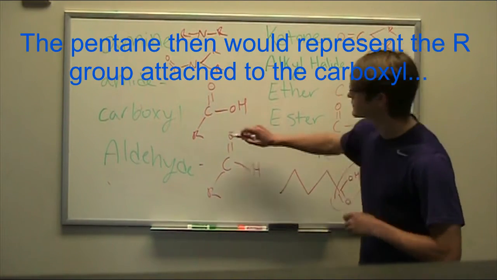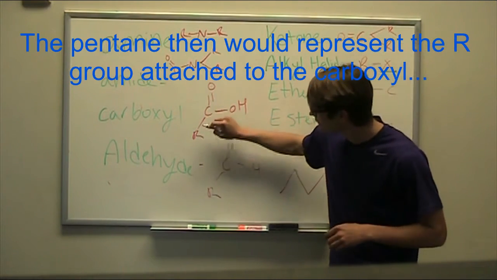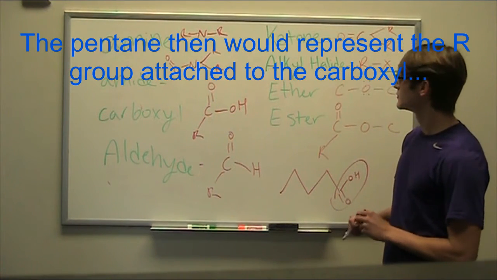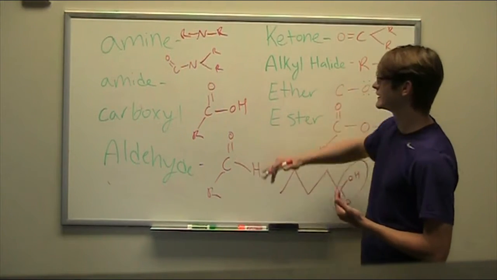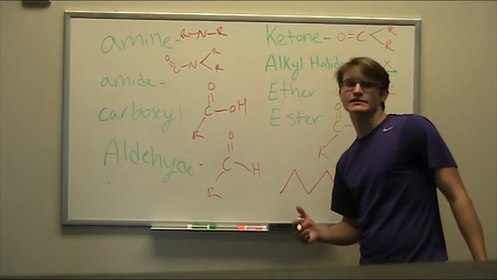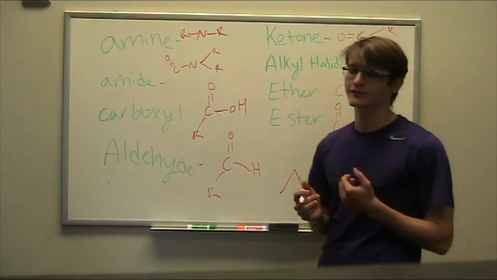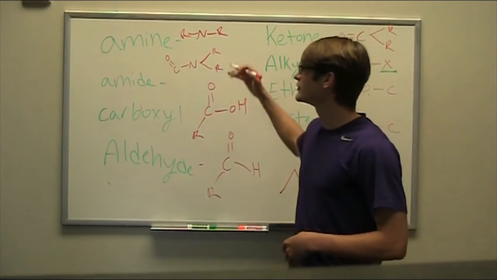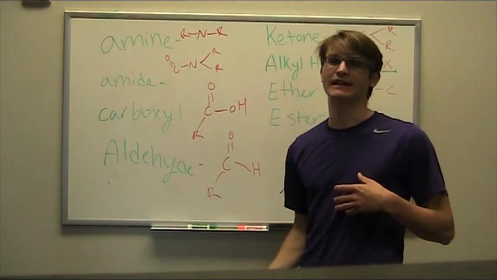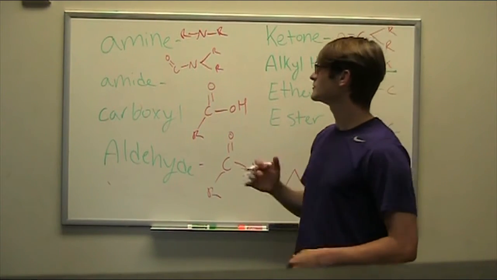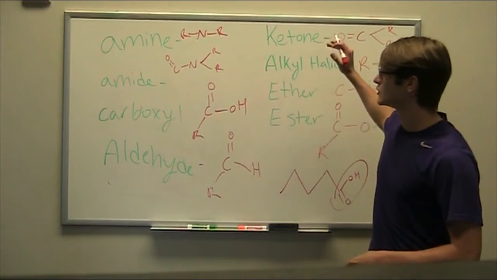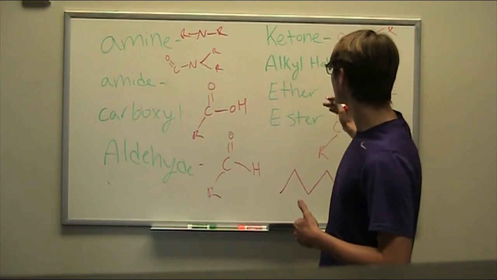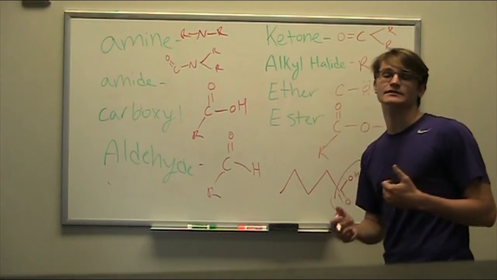So this is where that R is. That other R is that pentane. So these are ways that you could add on to the naming process, and you're going to learn more with your professor and hopefully with me in the future about how to add and put this into the naming process. It's not too hard, but these are simple things you need to memorize for the upcoming classes.